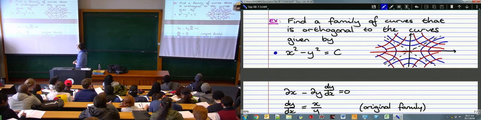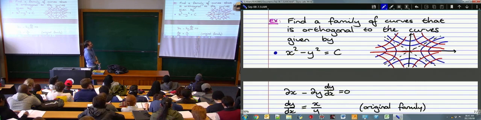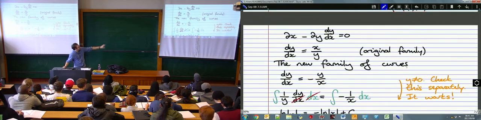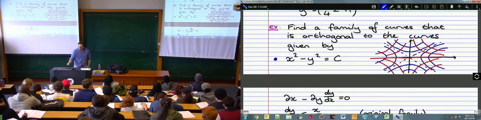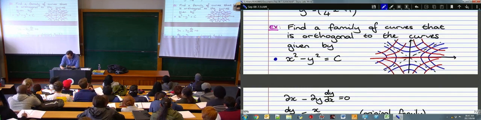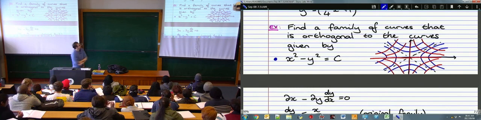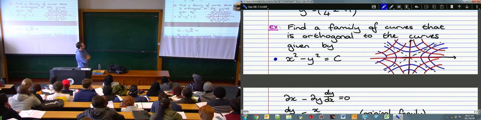I've also drawn in the line y is equal to 0, this sort of separate solution. But we can see that there is actually one more. That over there is also orthogonal. So we've lost that somewhere, and it's not immediately clear where.